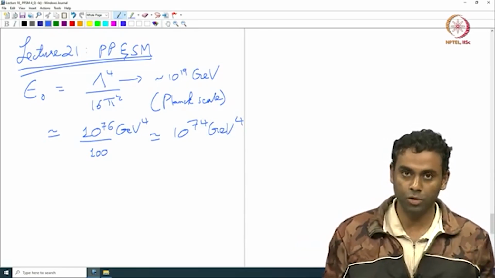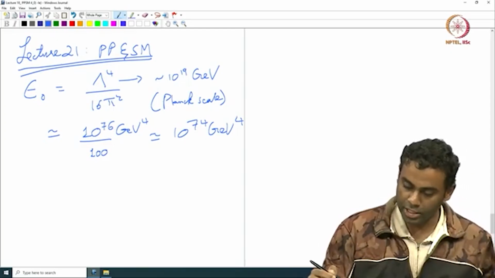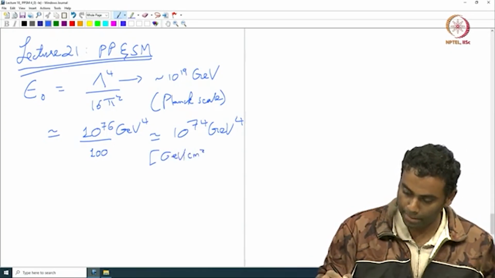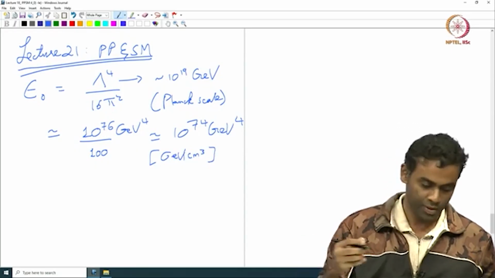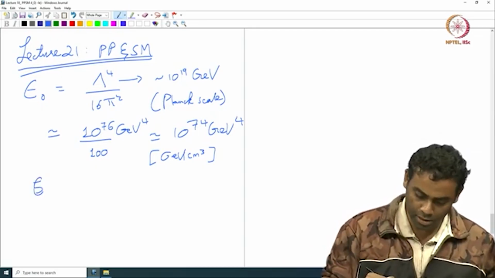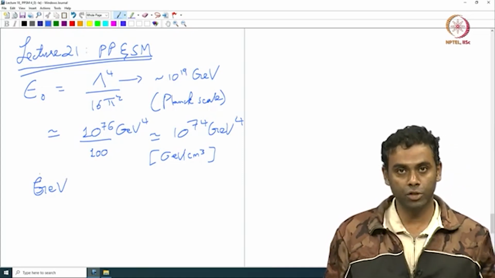Let us convert this to some sensible units that we can intuitively understand, alright. The units I want to go to are GeV per centimeter cubed. That is something that we could begin to understand, okay. So I am going to write down the conversion factors but I highly encourage you to derive these yourself.